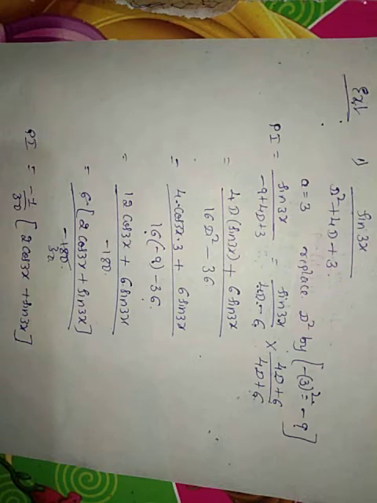4D plus 6 is multiplied to sin 3x. We get 4D sin 3x plus 6 sin 3x. So the derivative of sin 3x is cos 3x into 3, plus 6 sin 3x, divided by 4D minus 6 into 4D plus 6, which becomes the (a minus b)(a plus b) form.